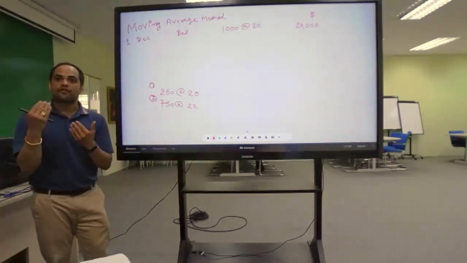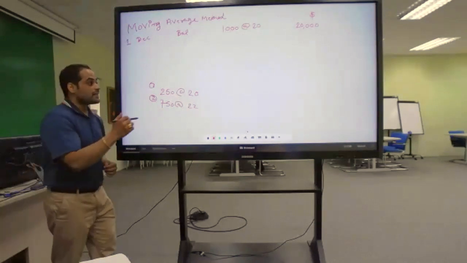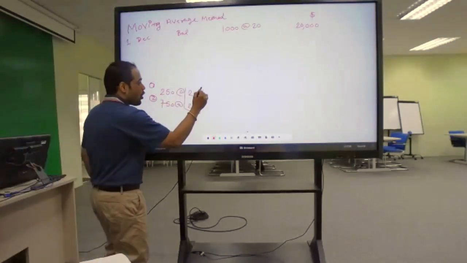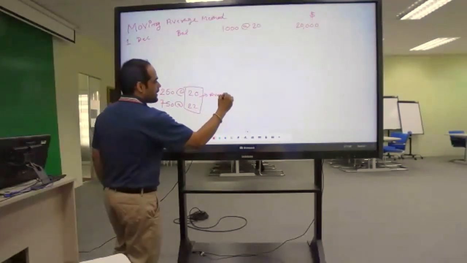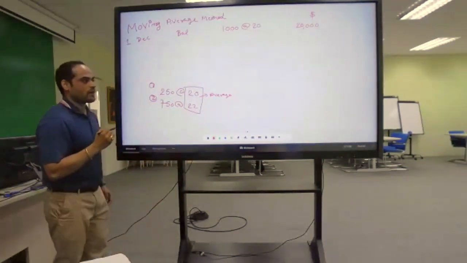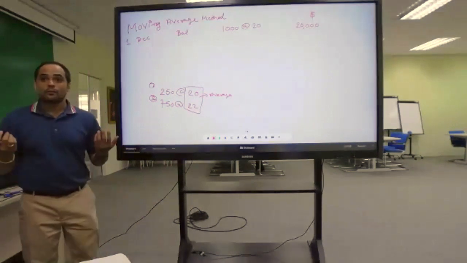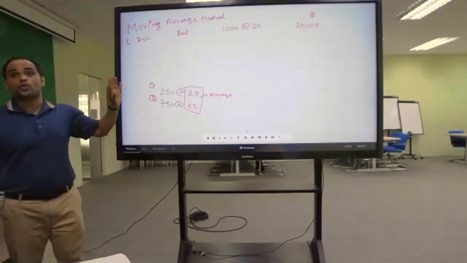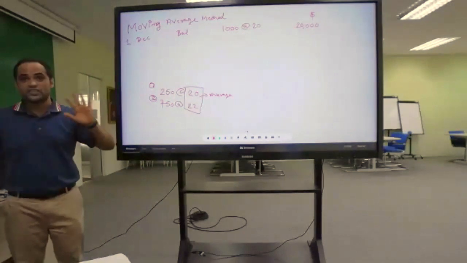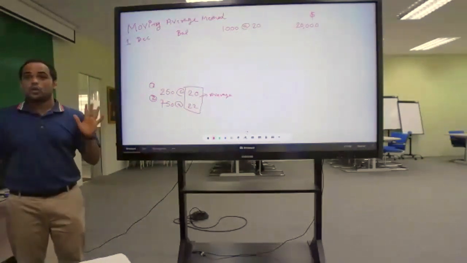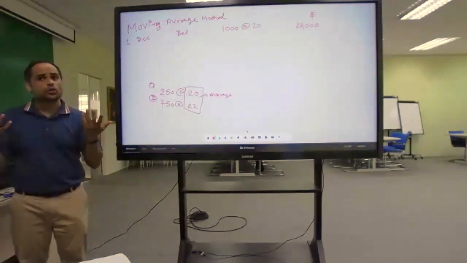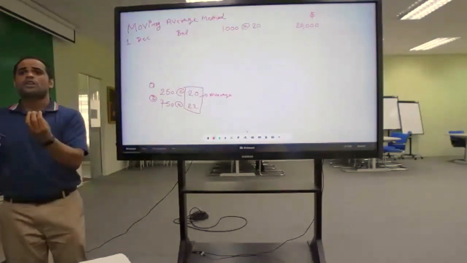But in moving average method, we calculate the average value of the price. So which means in moving average, no first in, no first out, because it's not first in, first out, or last in, last out. We calculate whatever is the inventory, the value of inventory will be the average.